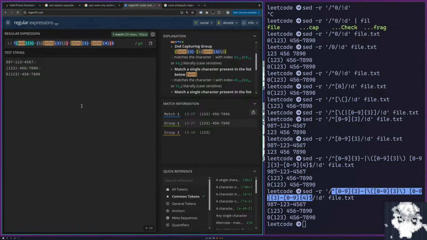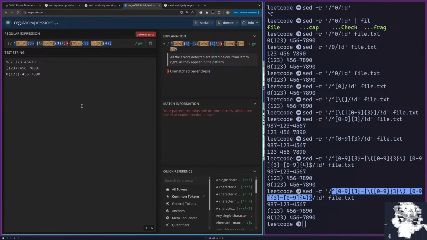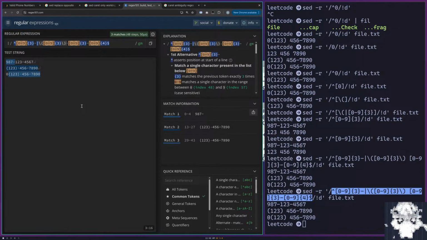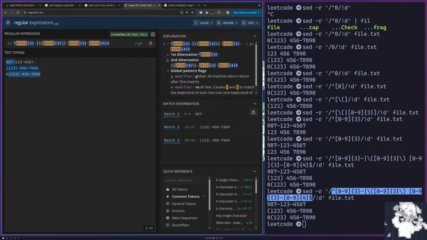Okay, let's remove these parentheses and think about this carefully.